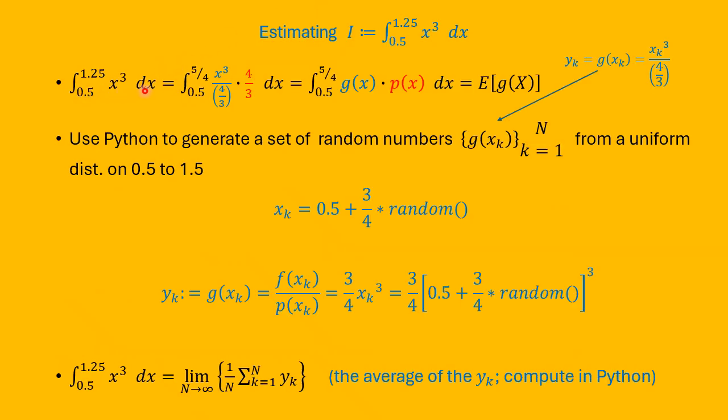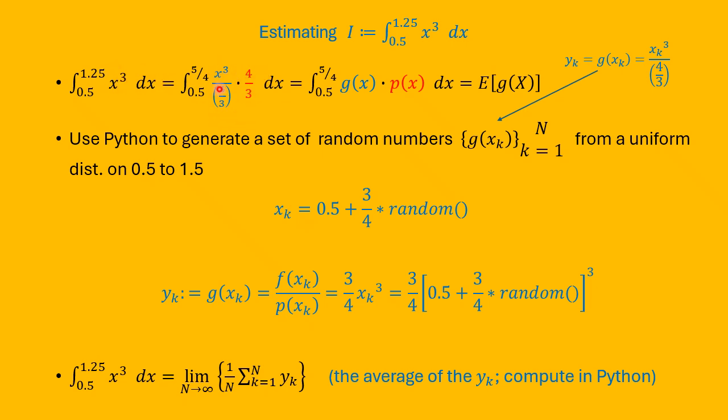So if we want to evaluate this integral using Monte Carlo techniques, thinking of x cubed as our f of x function, p of x on this interval is going to be 4/3. We have f of x over p of x here, and then if we divide by p of x, we have to multiply by p of x too, so that this stuff does equal x cubed.